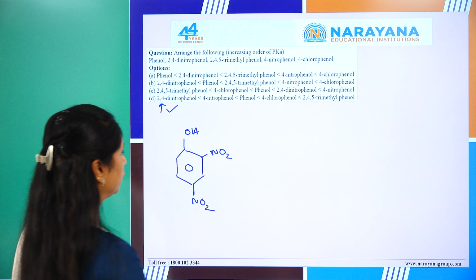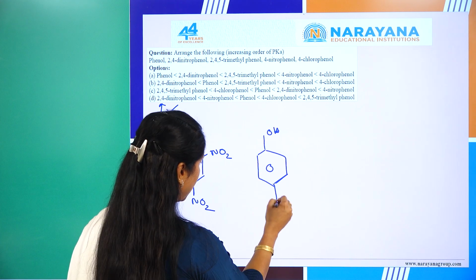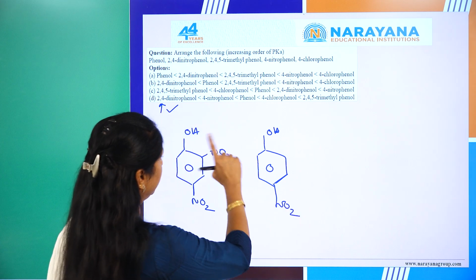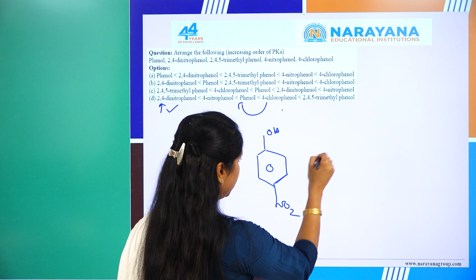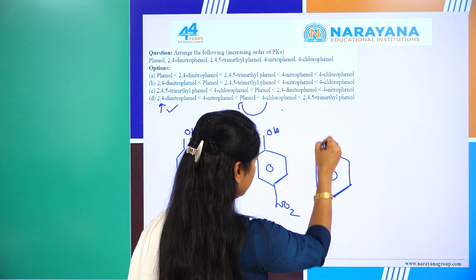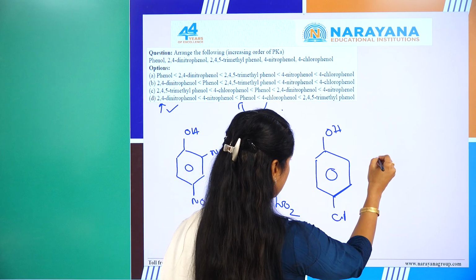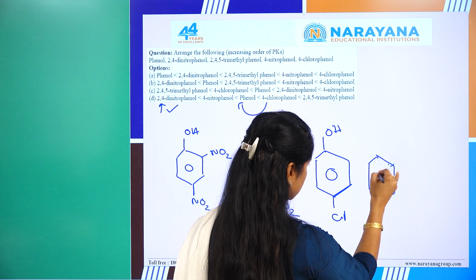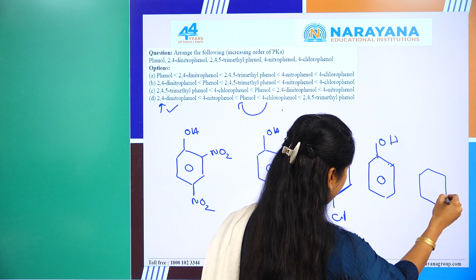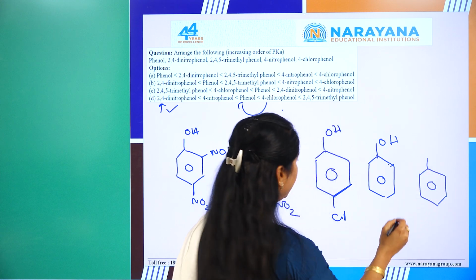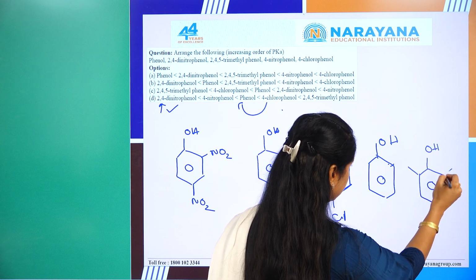So 2,4-dinitrophenol, 4-nitrophenol, para-nitrophenol, then definitely the correct option might be 4-chlorophenol, and then phenol, and 2,4,5-trimethylphenol. Methyl groups are electron donating by inductive effect and hyperconjugation, which are decreasing the acidic strength.